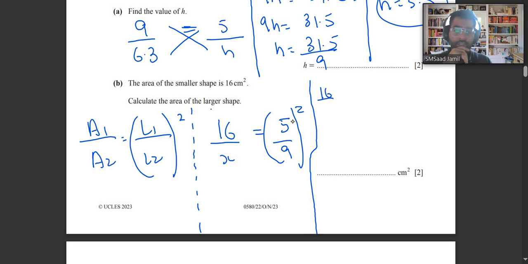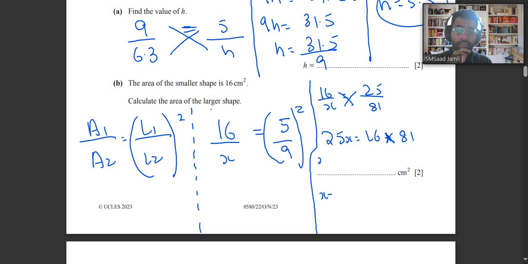Now you will square both of them, just like we have written in the formula. So 16 upon x is equal to 25 upon 81. Now you guys will cross multiply. 25x. Let me erase this. 25x is equal to 16 multiplied by 81.